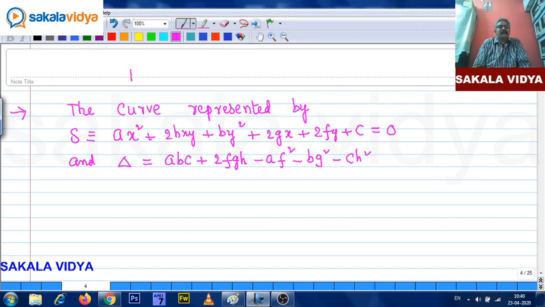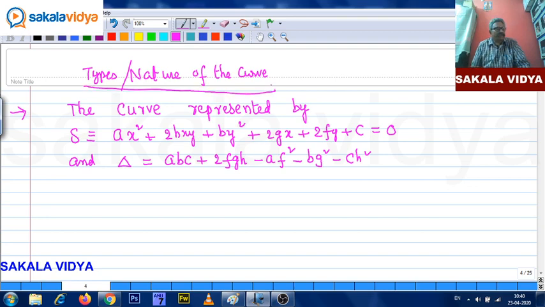That means actually nature of the curve, or we can say types of the curves, nature of the curve.